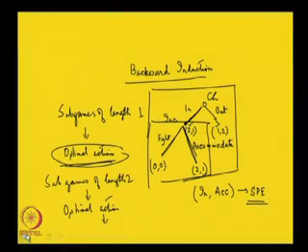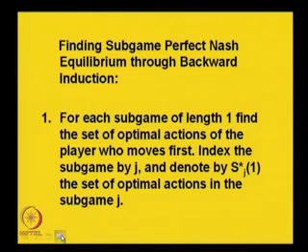But this method that I described here rather loosely can be tightened a little bit by stating it more formally, what is the method of backward induction. So, let us try to do that. So, this is the method formally stated.